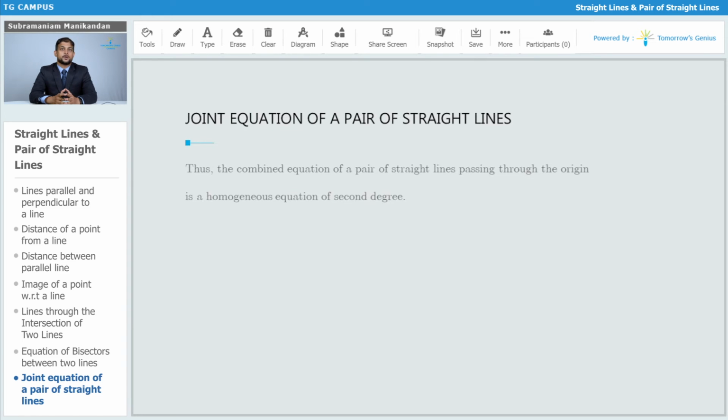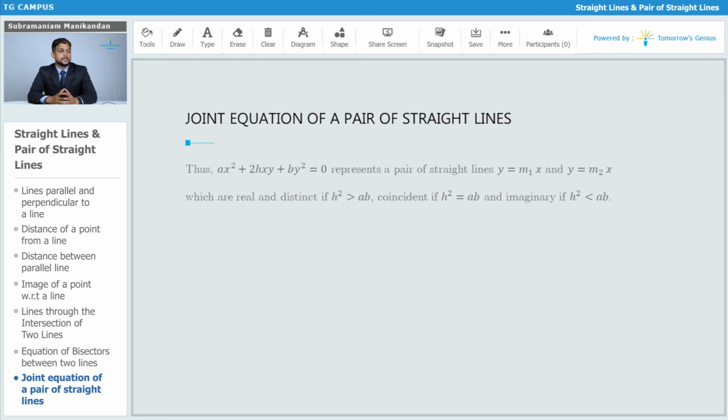Especially if the two lines are passing through the origin, then their combined equation is called the homogeneous equation of second degree. So therefore, there has to be some way to identify the characteristics of the two lines in the combined equation by observing the two equations. The first of those is the value of the coefficient of xy.